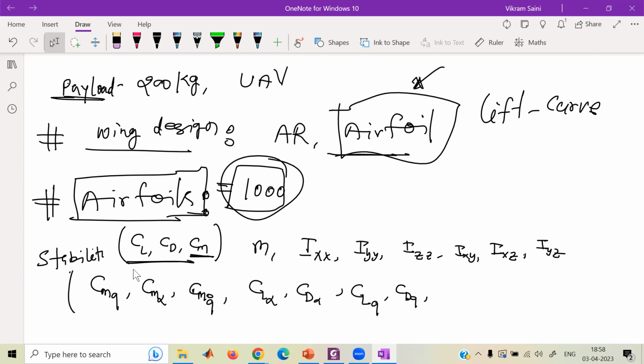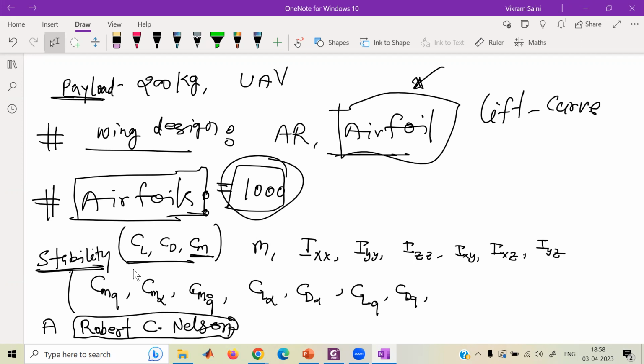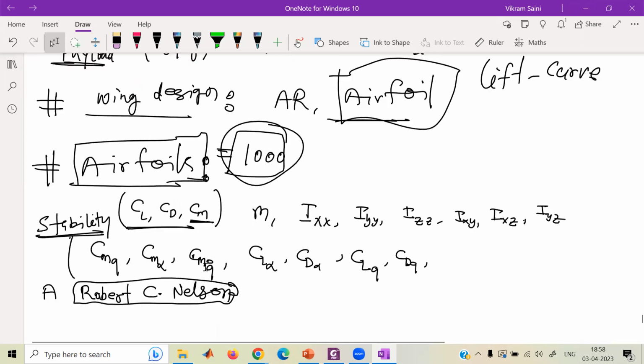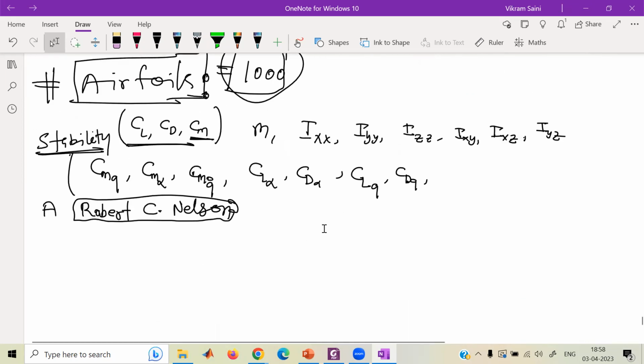So I suggest that you go through this book by Robert C. Nelson, Automatic Control of Aircraft. I think that is the name, but the author is Robert C. Nelson. You will find out how we perform the dynamic simulations of an aircraft. Once we have the design, we converge upon these quantities, and that's another interesting subject.